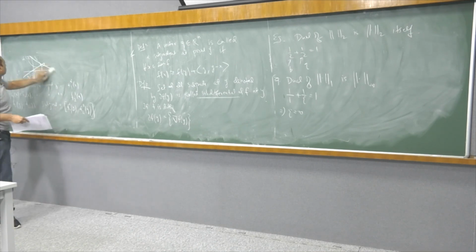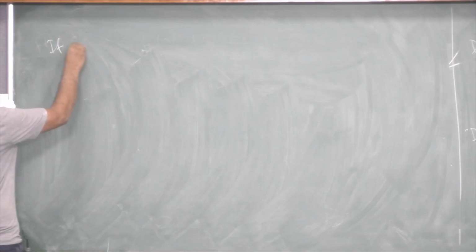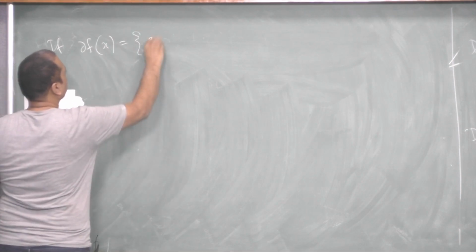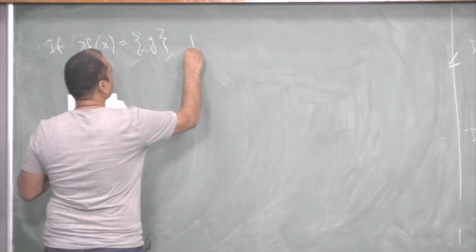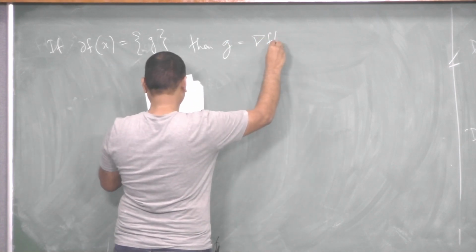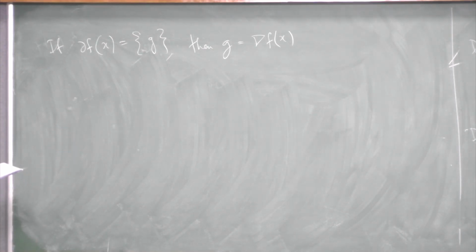So if the subdifferential set happens to be just one singleton vector g, then g must be grad f at y, the gradient.